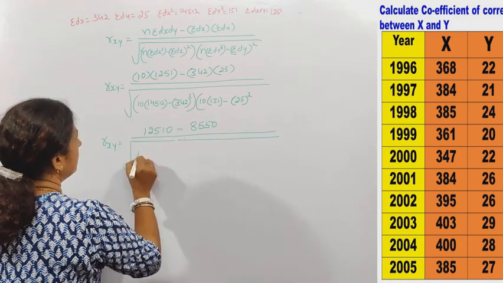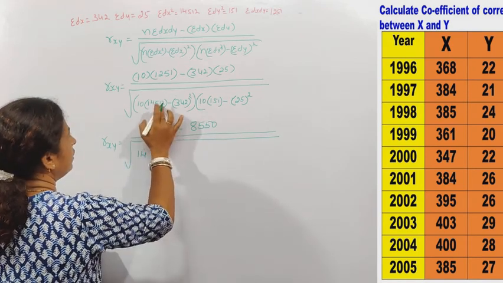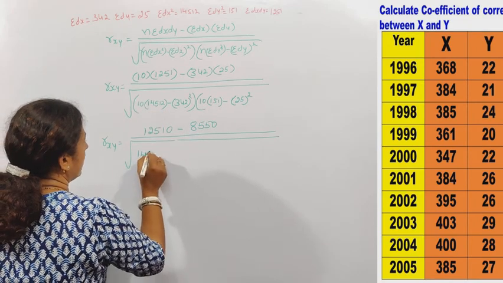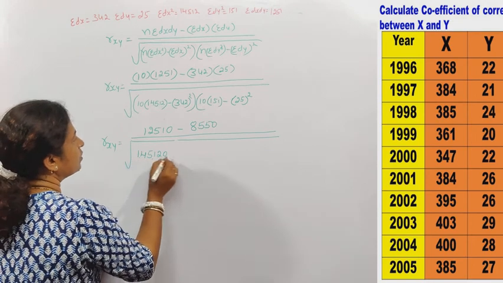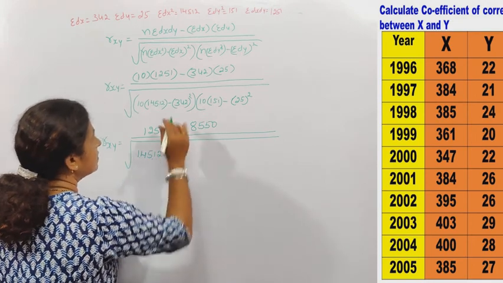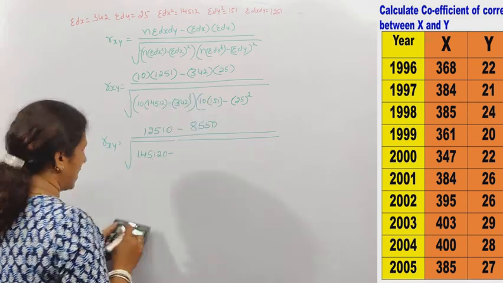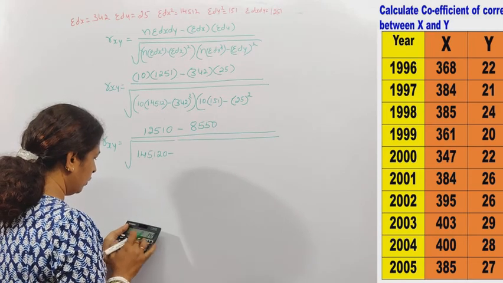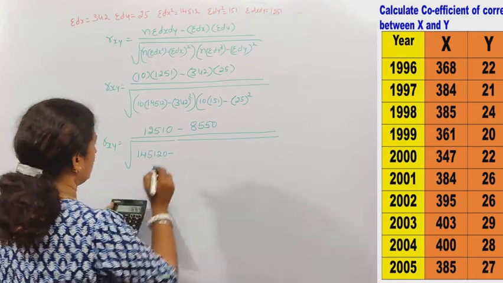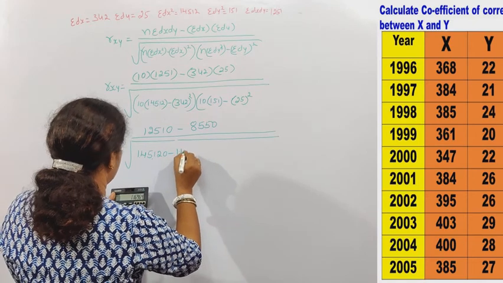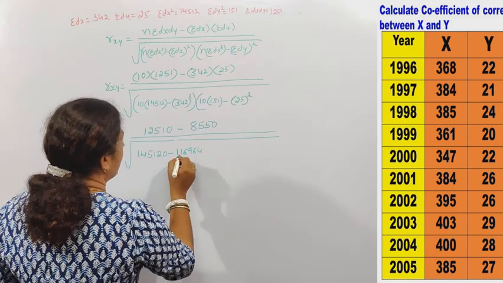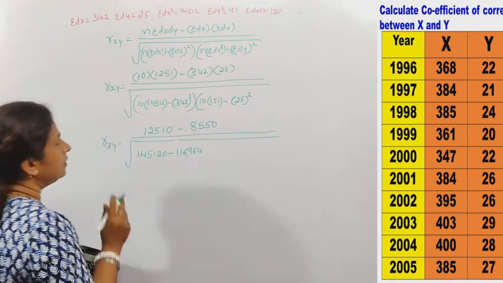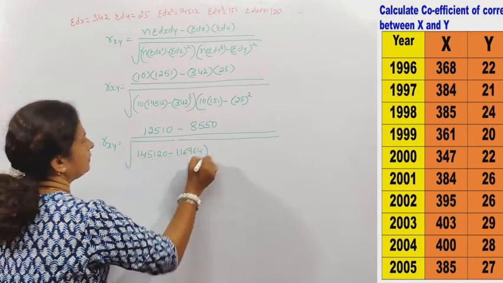Next, 14,512 into 10 is 145,120 minus 342 square. 342 into 342 is 116,964.